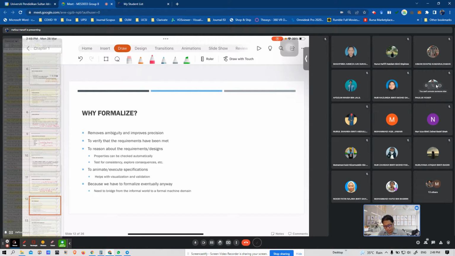This is also to remove the flaw of the system. And then the second is to verify that the requirements have been met. And this is basically for the behavior of the system.